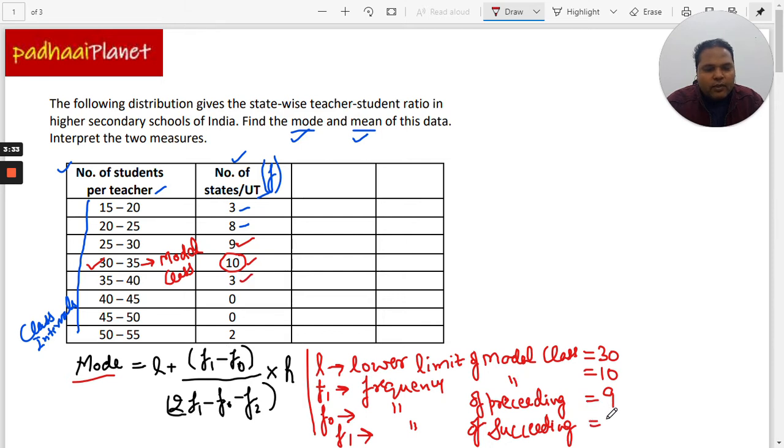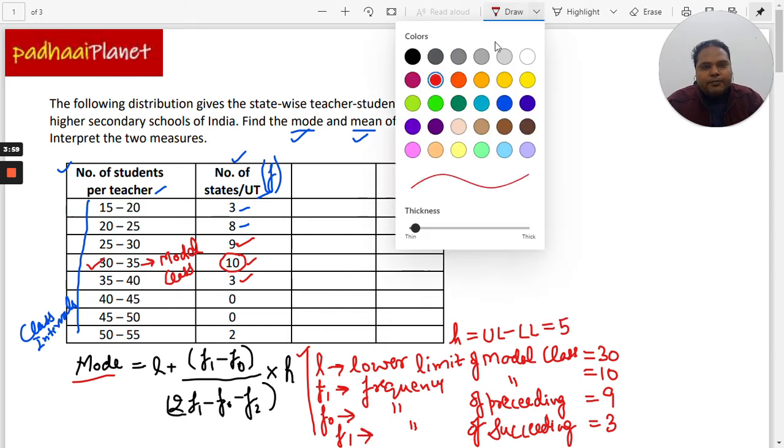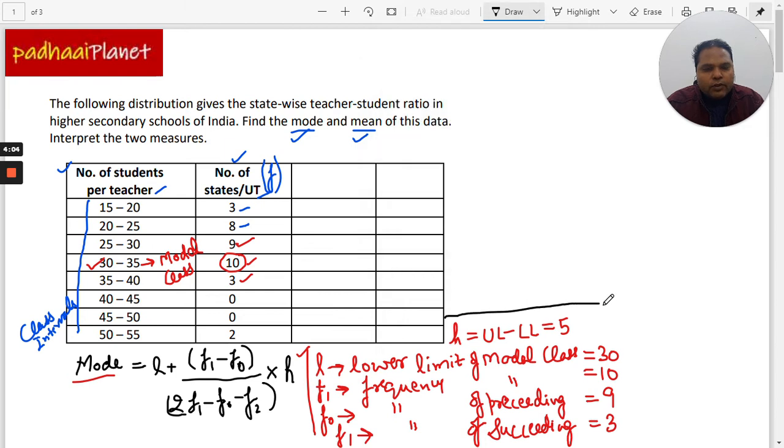Now h is the width of the class, meaning upper limit minus lower limit, so that makes it 5. These are the values which we have got.